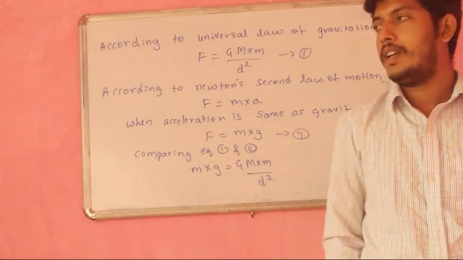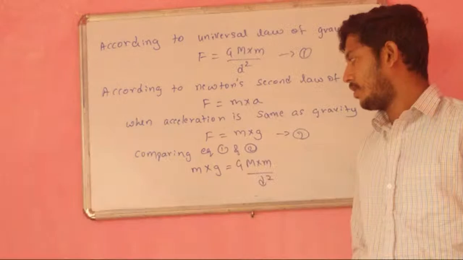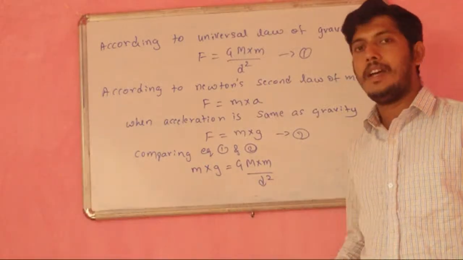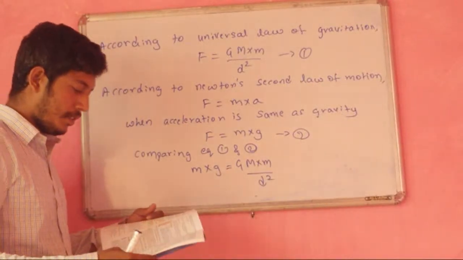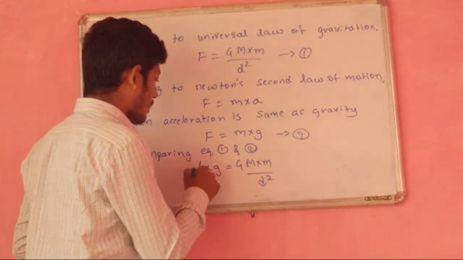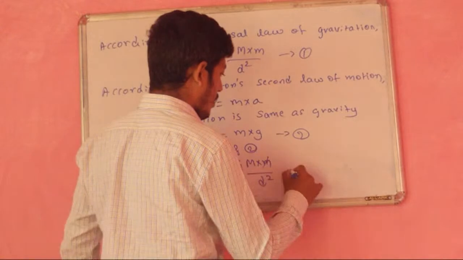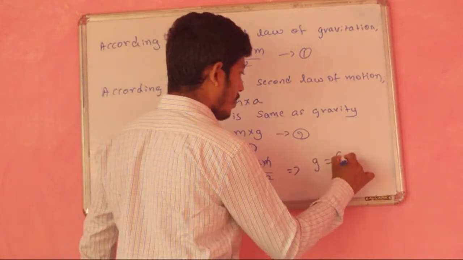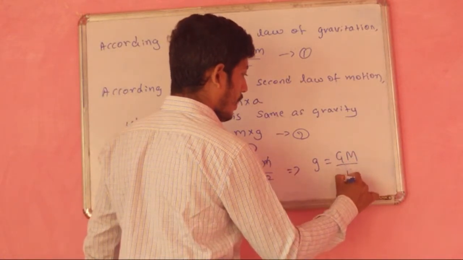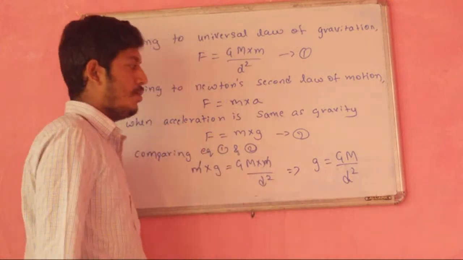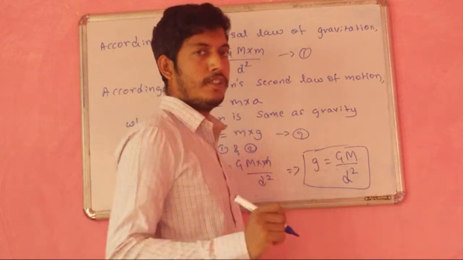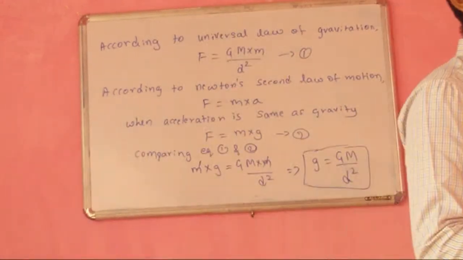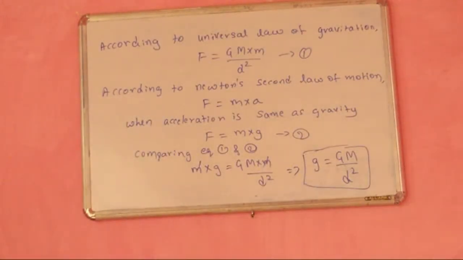If we consider capital M as the mass of the earth, then m gets cancelled and the expression for g is G M divided by d square. This is the expression for small g, that is, acceleration due to gravity.